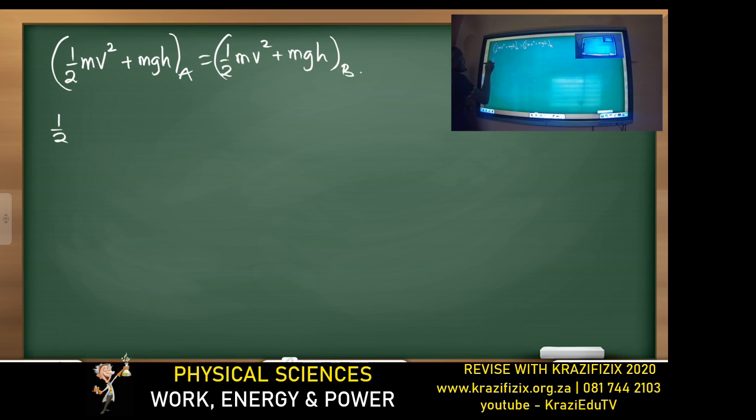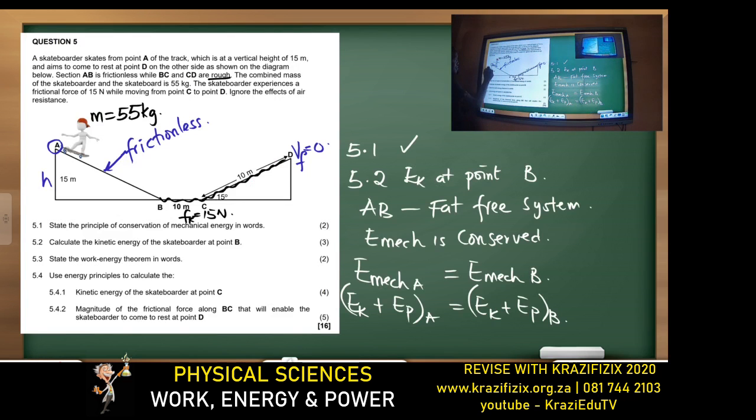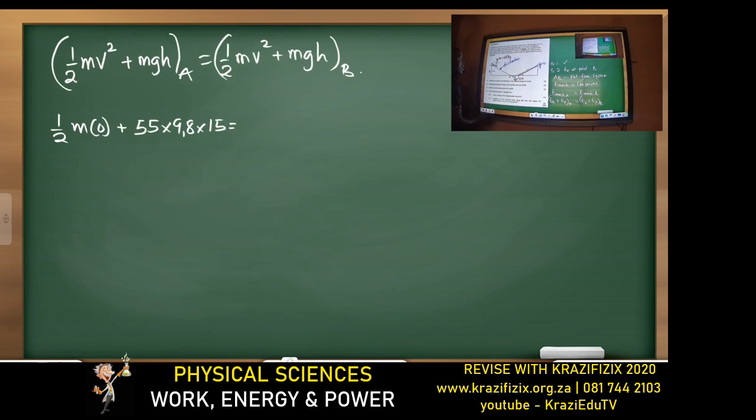At point A, the object is at rest. The object starts from the maximum height there, so the kinetic term is 0. But m here is 55 times 9.8, and the height is 15. Let's go back quickly to see the height, 15. Then what do I have here?